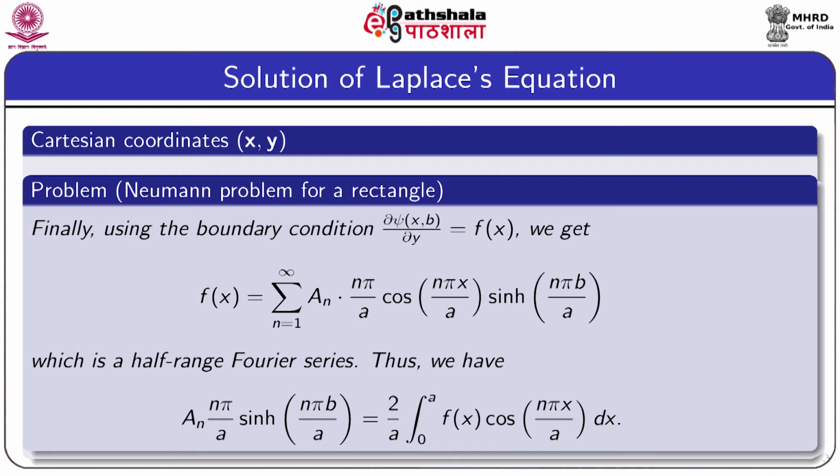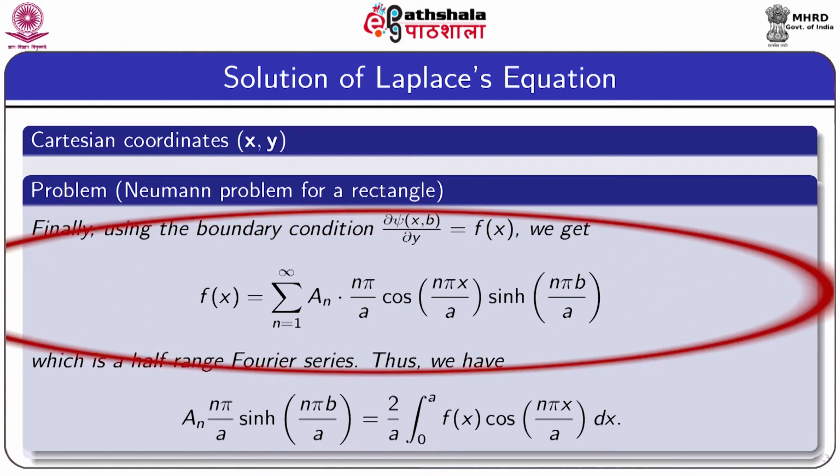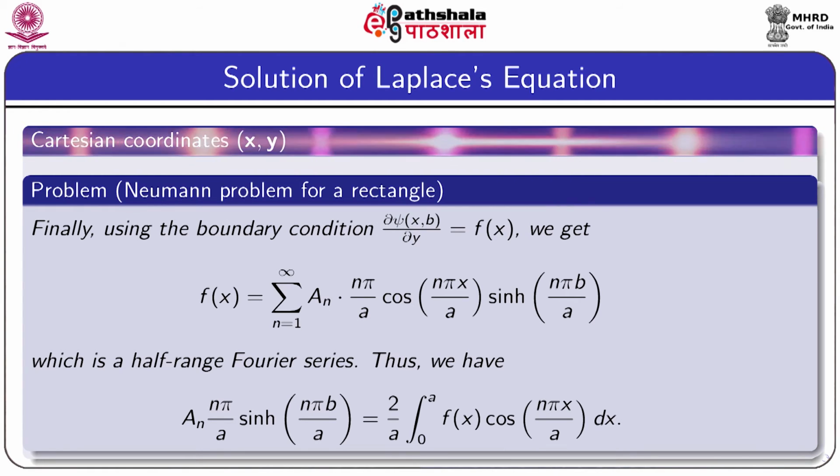Now, the only boundary condition we need to apply is del psi by del y at (x, b) equals f(x). So, satisfying this condition, we get f(x) equals the sum over n of A_n n pi by a cos(n pi x by a) sinh(n pi b by a), and this is nothing but a Fourier cosine series. So, the coefficient A_n can be obtained using the orthogonality property of the cosine series.